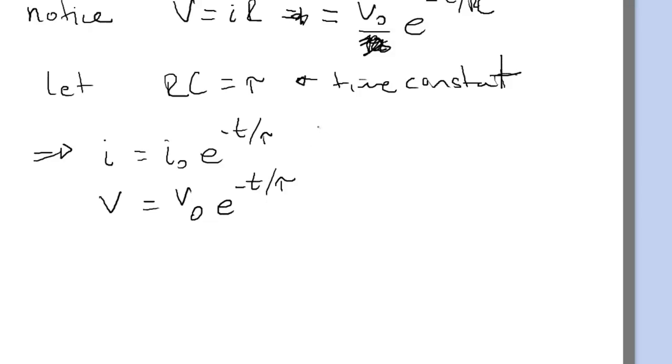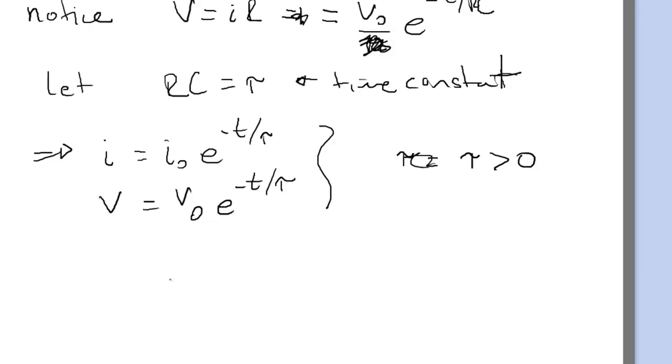So both of these functions, whether it's the current or the voltage, are just exponential decays, because notice tau, the way we've defined it, is always positive, because R and C are both positive. We have some initial value for I or V, and then this term here decays away at some exponential rate, which is given by this 1 over tau, so that's why it's referred to as the time constant.